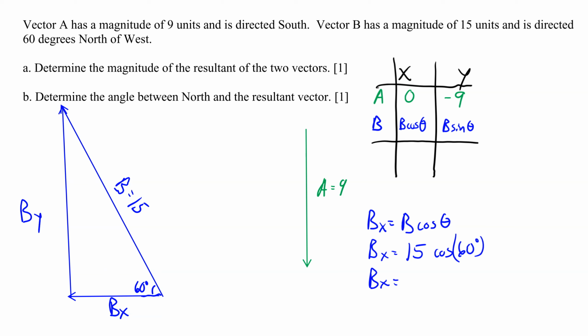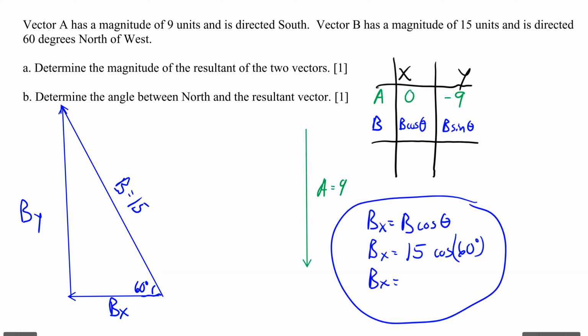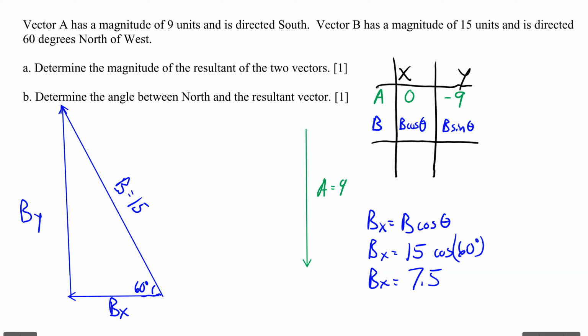So for the x component, we'll do B cosine theta. 15 cosine 60 is 7.5 units. Take a look: is Bx in the negative x direction or the positive x direction? If we were thinking of an xy graph, it's going to the left, negative. So we make it negative.